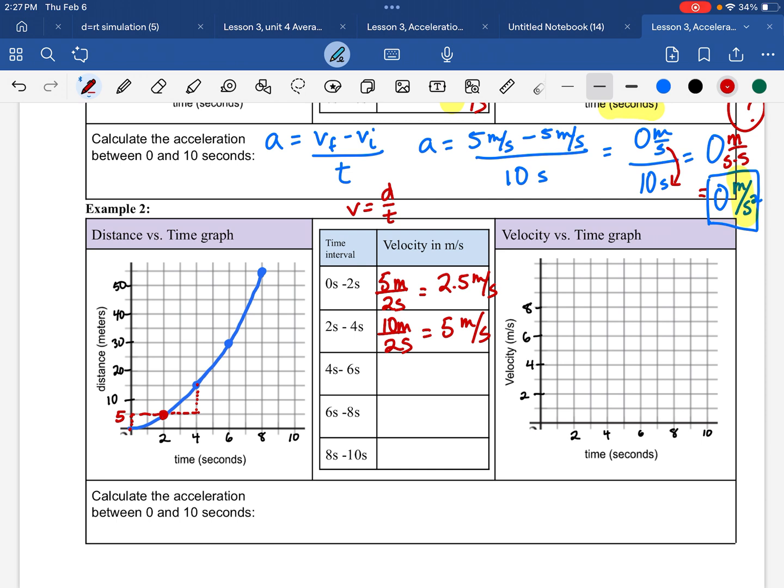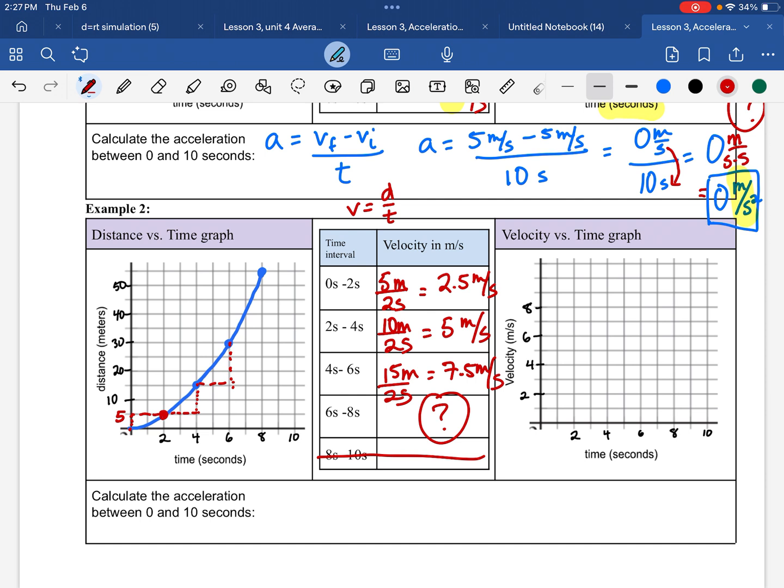So the next one, another 2 seconds have gone by, right? But now the distance that's been traveled is 5, 10, 15 meters, right? So we get 7.5 meters per second. Okay, now you're going to do, oh, I guess we don't have this one here. I'll cross that out, so it's just 8 seconds. So you do this one, and then you're going to come over here and we're going to graph it, right?